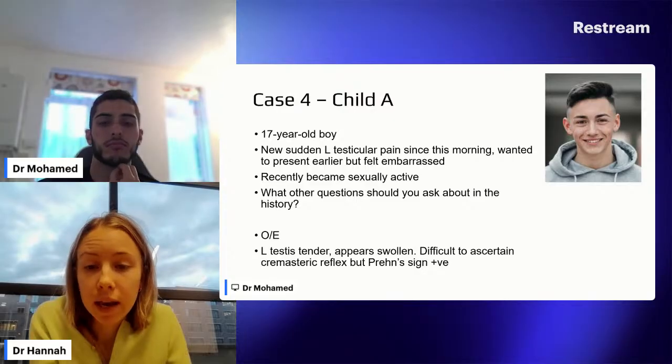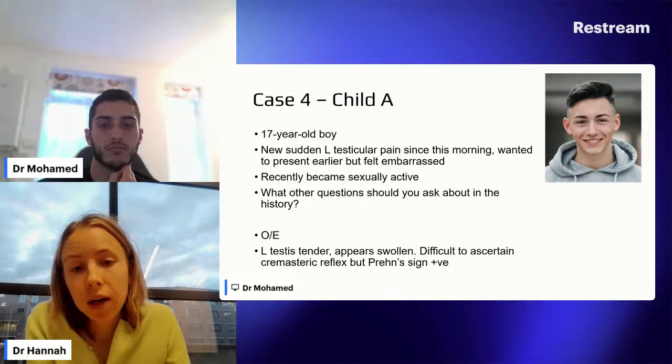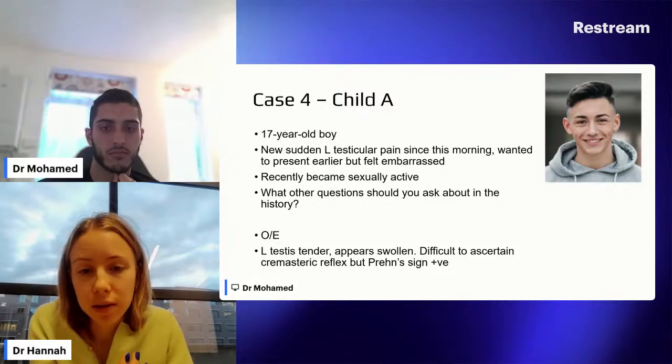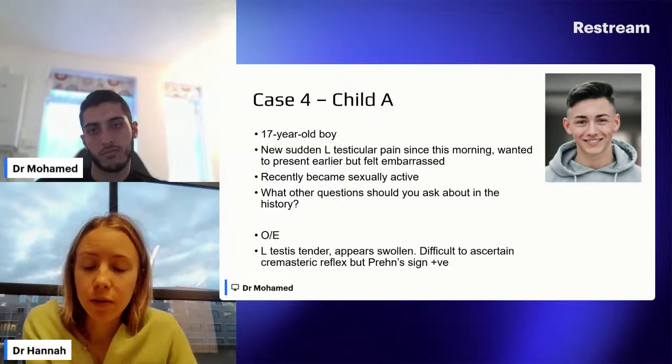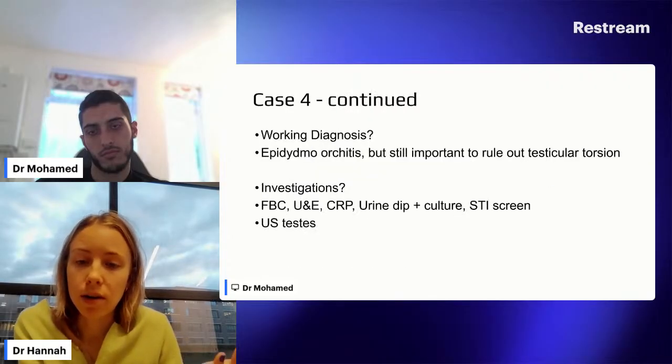So we examine him. The left testis is tender. It looks a bit swollen. Not sure about the cremasteric reflex, because quite often we won't be, but Prehn's sign is positive. So if you remember from yesterday, Prehn's sign is where elevation of the testicle relieves pain.